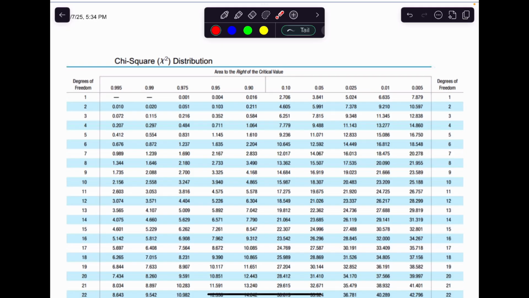So slight difference than our other tables. Depending on the significance level, and whether it's a one-tailed or two-tailed test, if it's two-tailed, you have to cut that area in half, and then figure out which of these percentages you want up there.